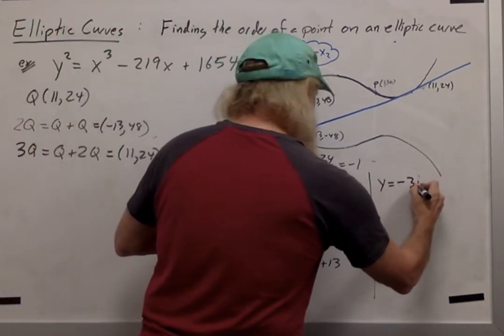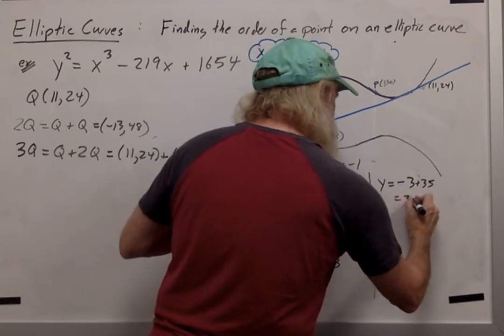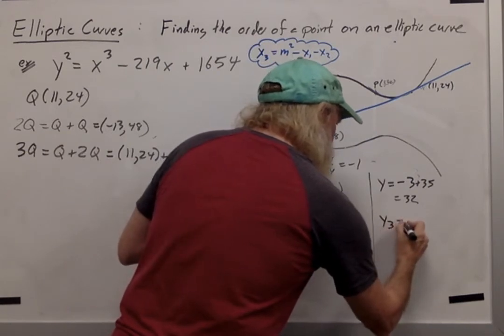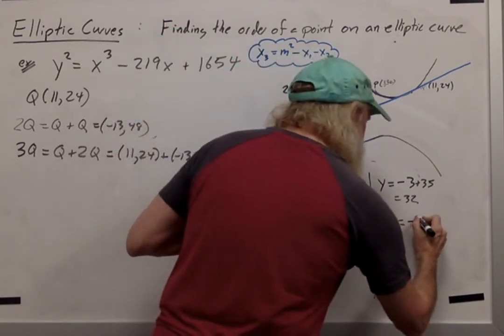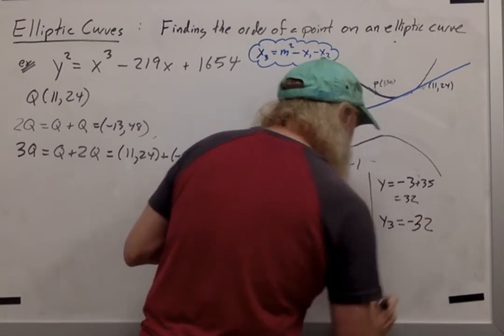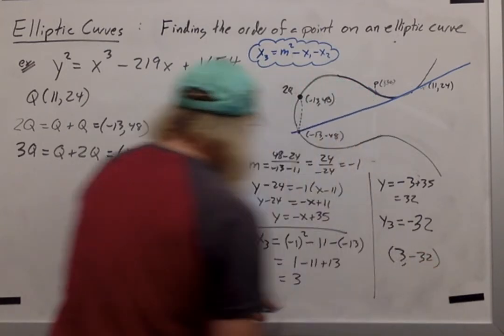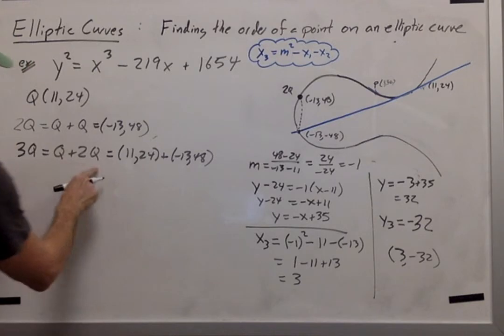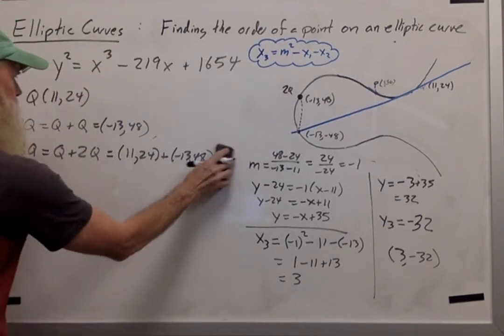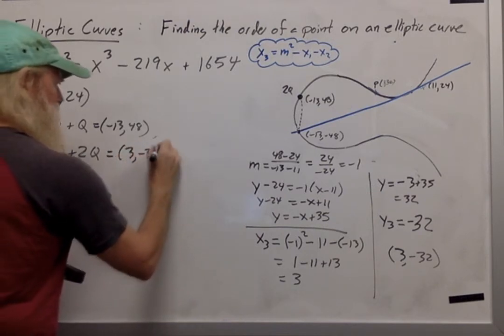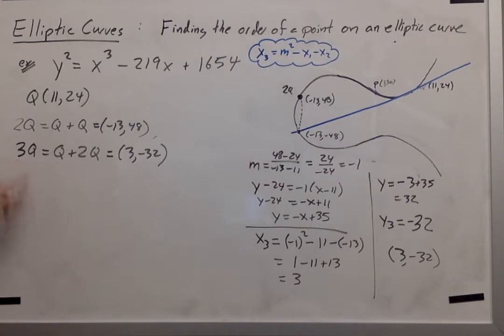So it'll be negative 3 plus 35, which is 32. And then I reflect across the x-axis to get negative 32. So (3, negative 32) is equal to Q plus 2Q. So let me record that here. So the order's got to be something bigger than 3. I haven't gotten to the point at infinity yet. So let's keep going.